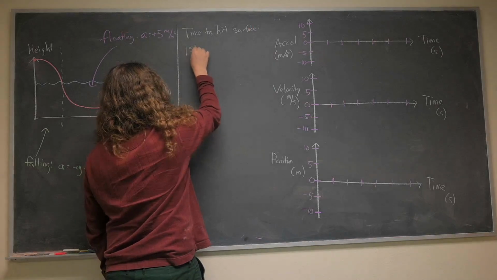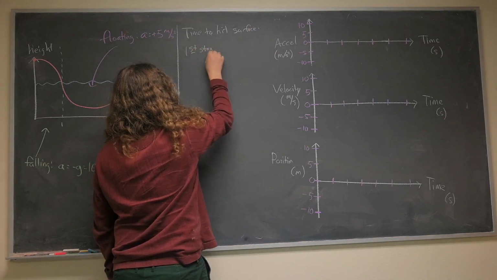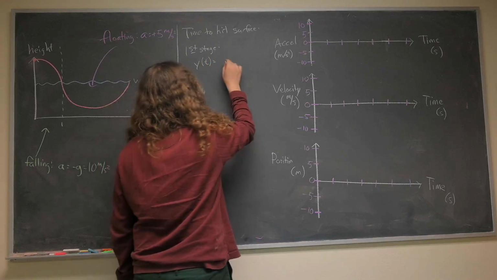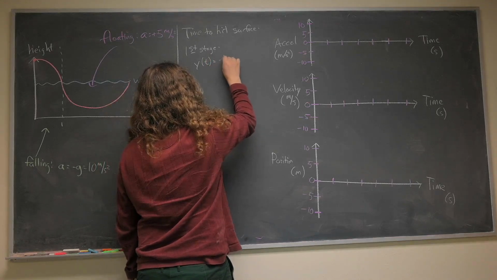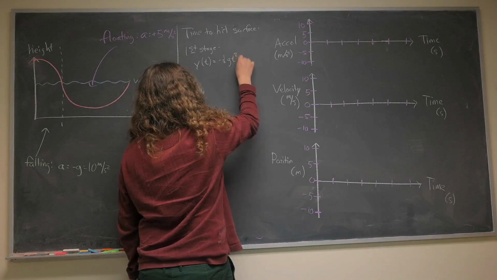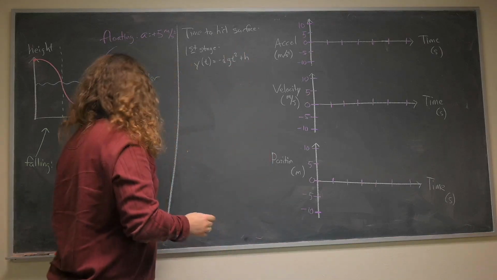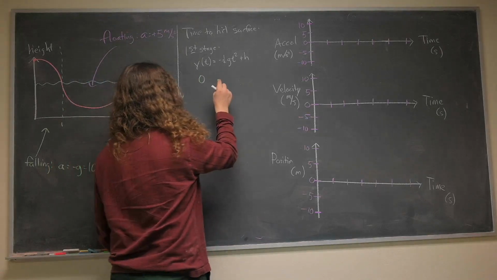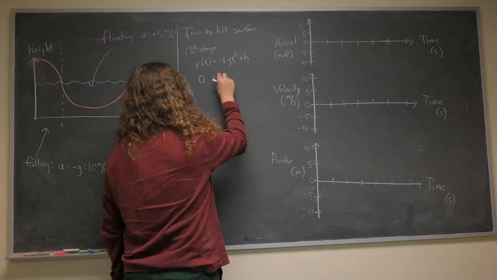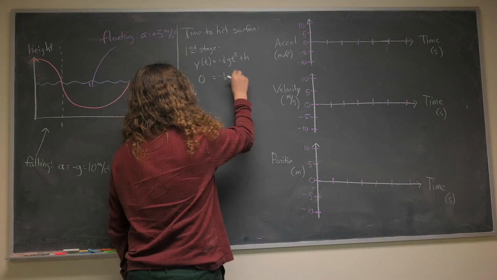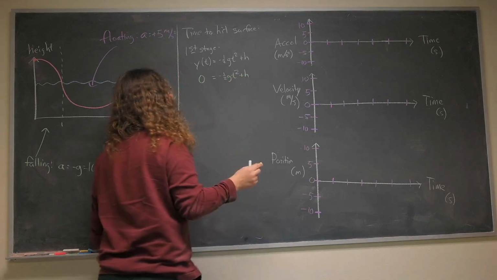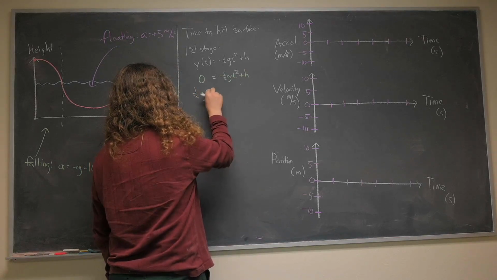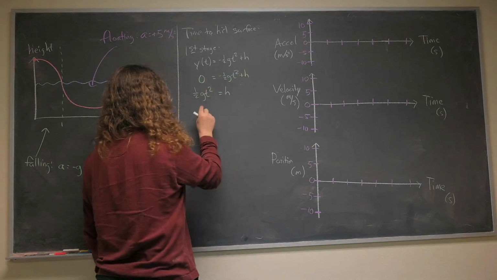So in the first stage, I know the height as a function of time is minus 1/2 gt squared plus h. We set that equal to 0 to find when it hits the surface of the water. Solving for time, let's see, so we've got 1/2 gt squared equals h.